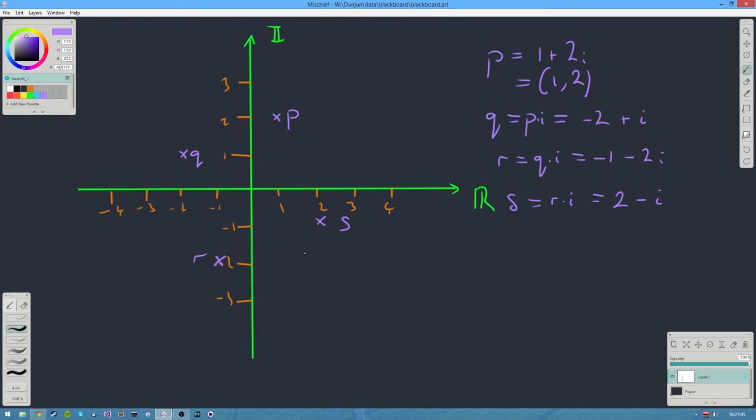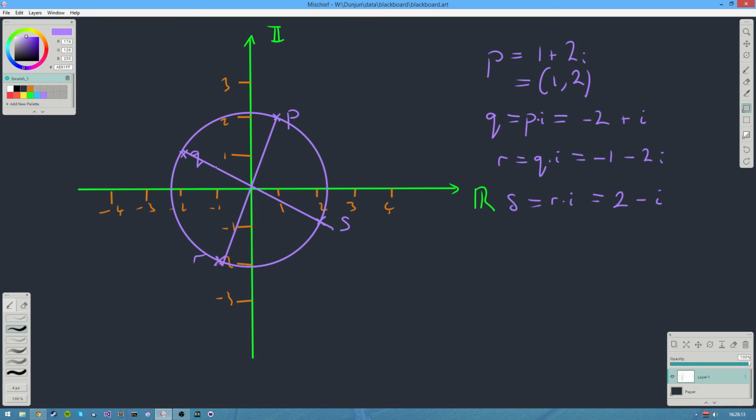Again, I'm not using proper graph paper or anything like that, so it probably doesn't work. But as you may have noticed, those are opposite, and they go through the origin. They're meant to, anyway. And those are opposite, and go through the origin as well. It's not brilliant drawing. And all these numbers actually lie on a circle.